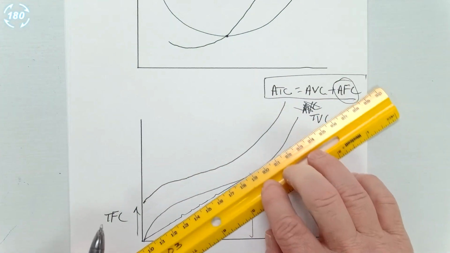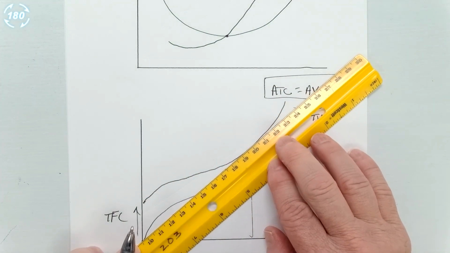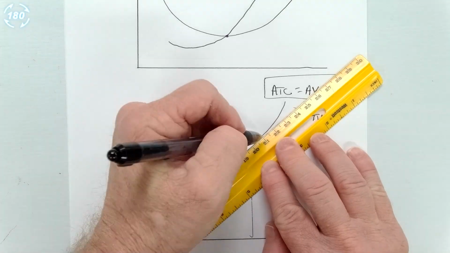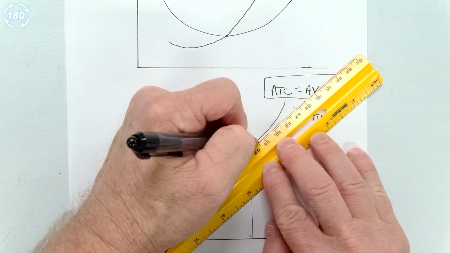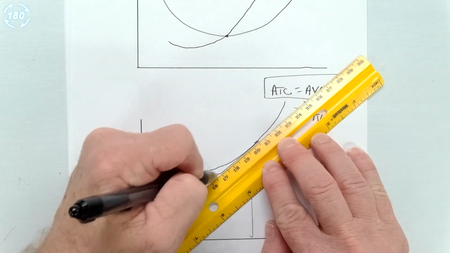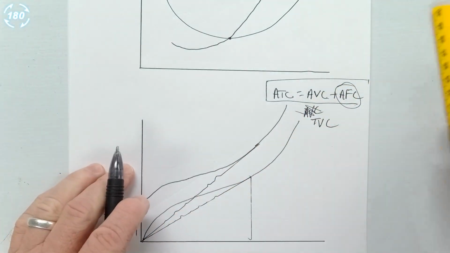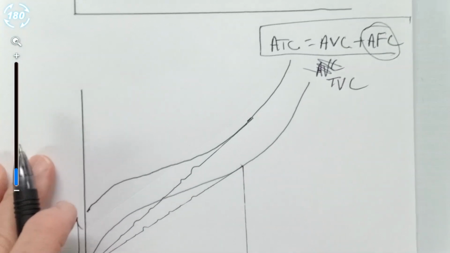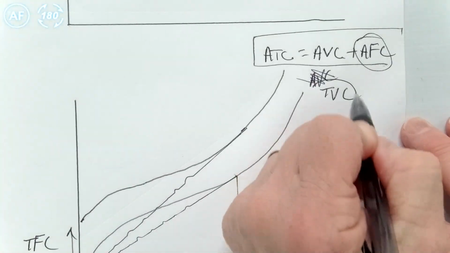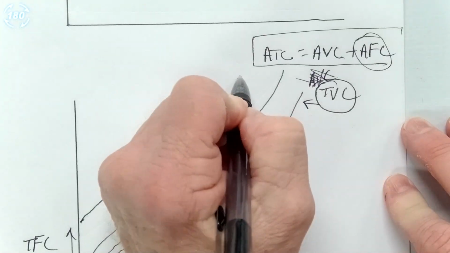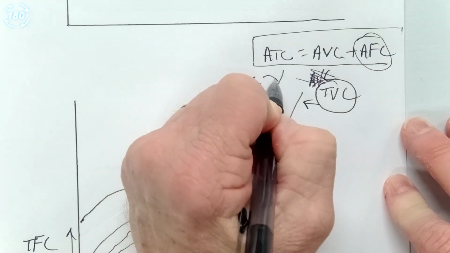The average total cost achieves a minimum at about here. You see that? Again, this is total variable cost here, and this is total fixed cost here.